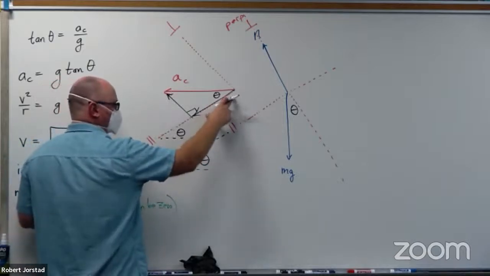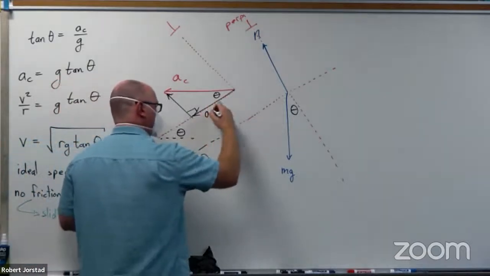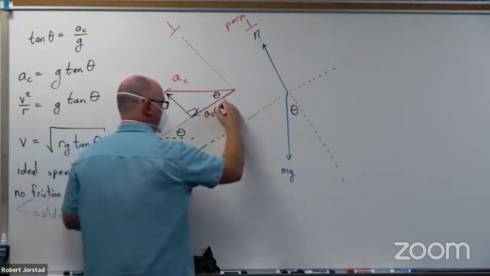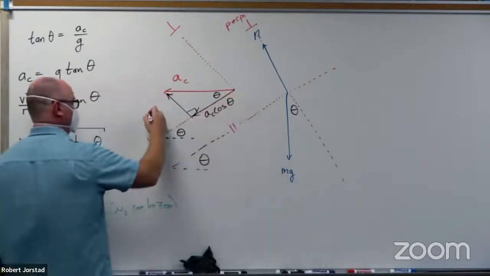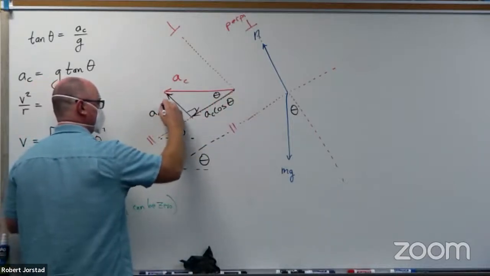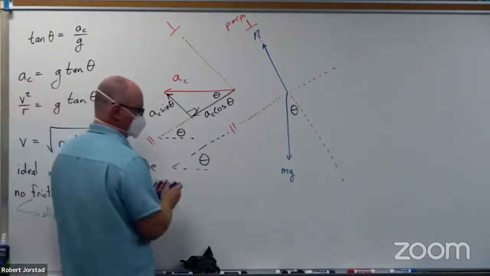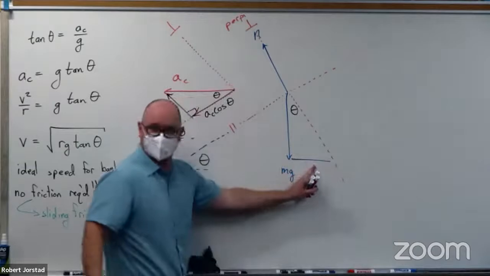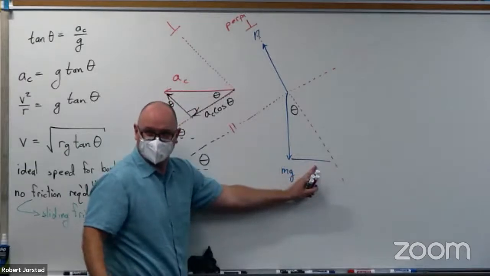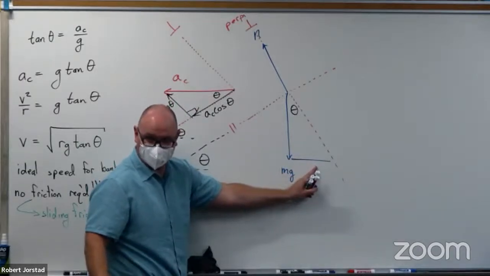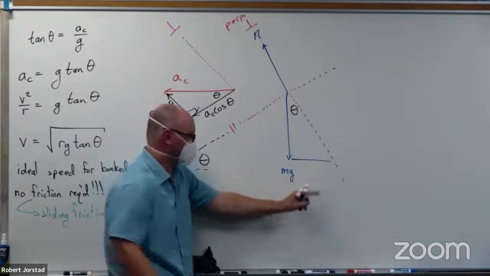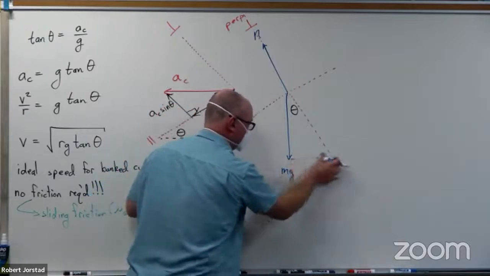What is the name for this component? AC cosine. This side would be AC sine. What's this component right here? Totally wrong. Agreed? Okay, nice catch.